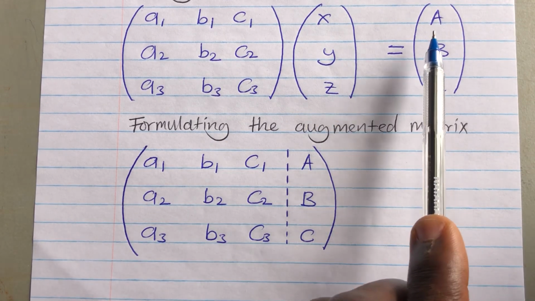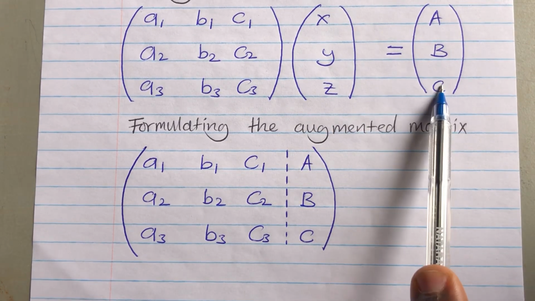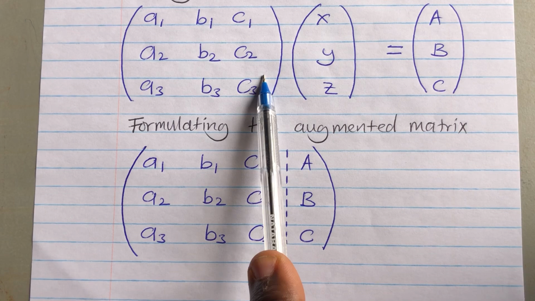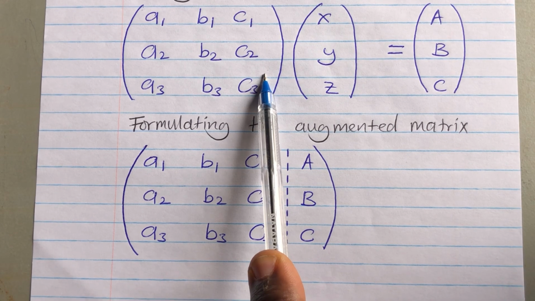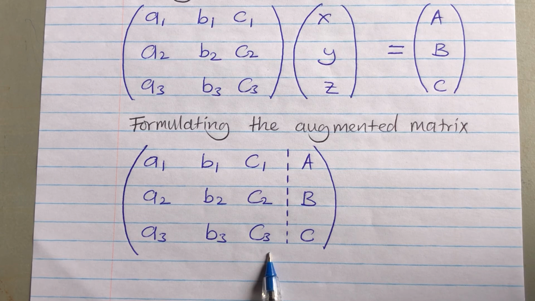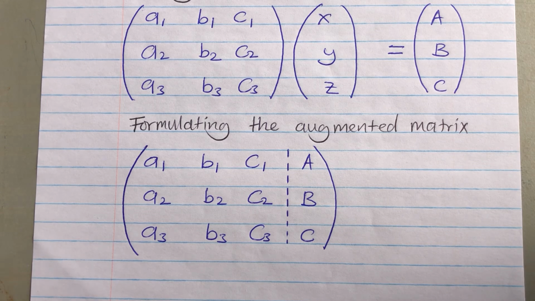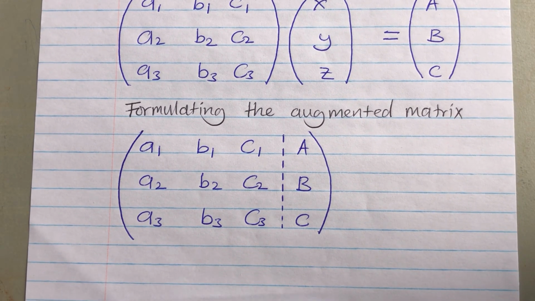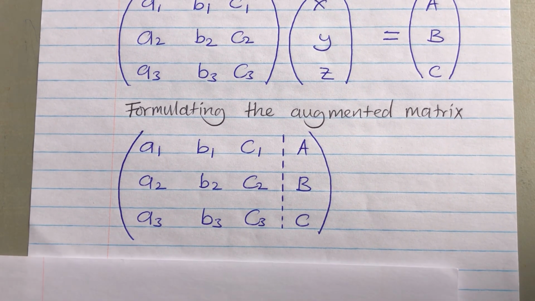We are bringing the answers A, B, C into the same matrix as the coefficients to have our augmented matrix. After formulating the augmented matrix, we move to our third step.